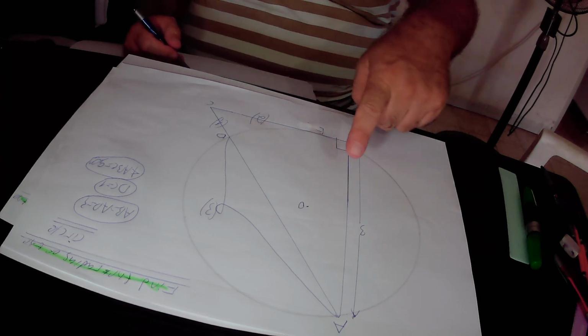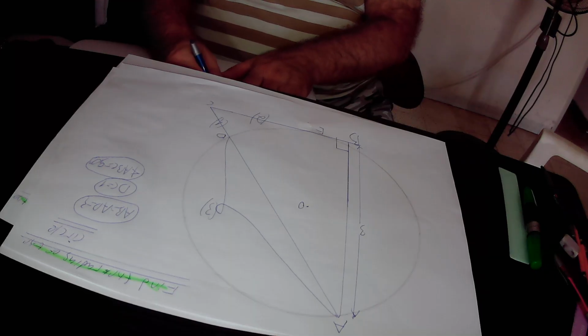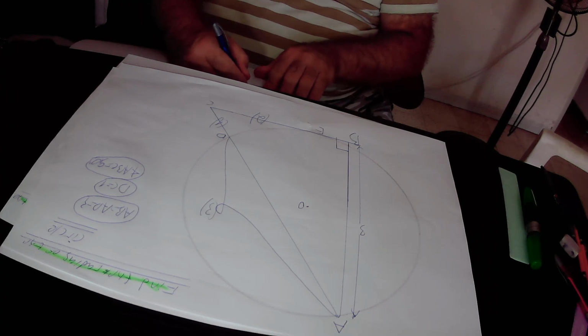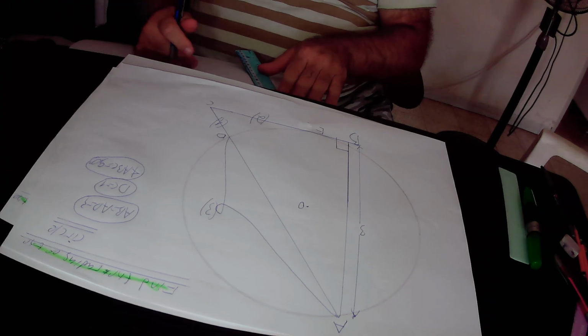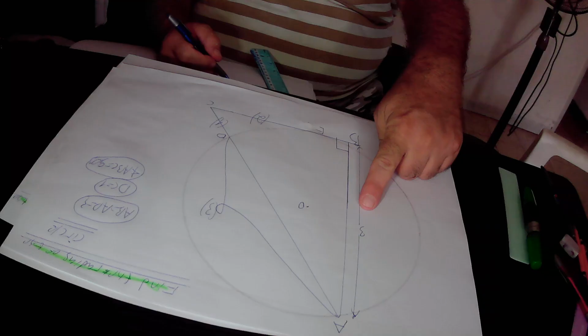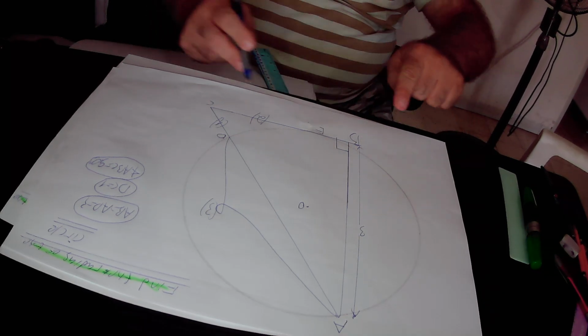The hypotenuse AC equals 3 plus 1, that is 4. Side AB equals 3 units in its length, according to what is given in the question, and BC is the missing side.